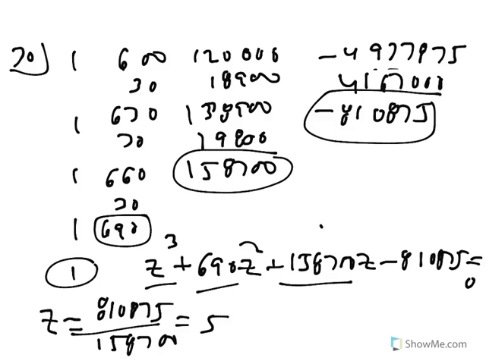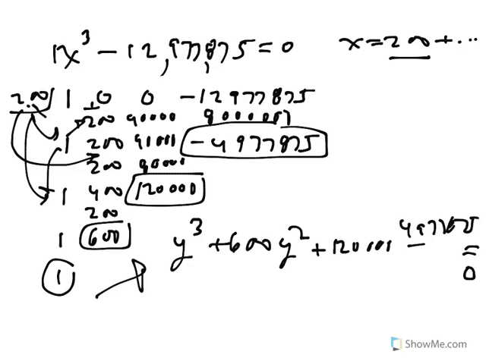And good news, when you plug 5 into this polynomial, z equals 5 leads to 0, so it works. So z does equal 5, and that's the units digit of our answer. So the answer to the original question turns out to be 200 plus 30 plus 5, or 235.